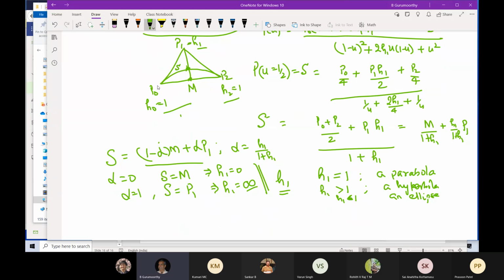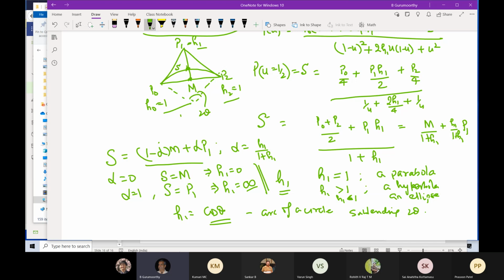So if the angle subtended by the arc of a circle is 2 theta, then for h1 equals cos theta, you get an arc of a circle subtending 2 theta. Okay. Now, what does it mean?